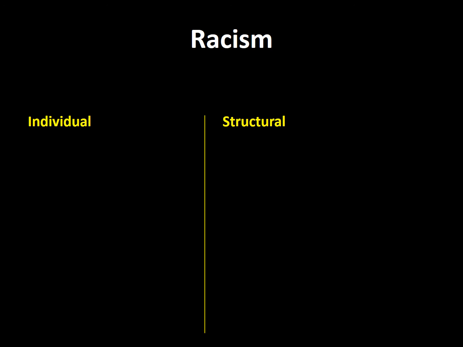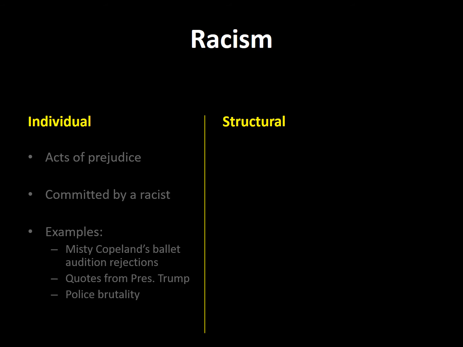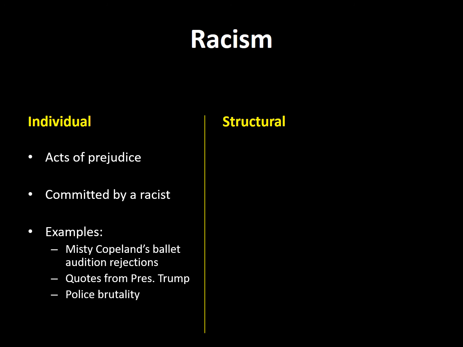So please allow me to take one moment to explain the difference between individual and structural levels of racism, because these are two different concepts that could be at play when looking at health patterns. Individual racism comes in the form of specific acts of prejudice committed by a racist person or a racist organization.